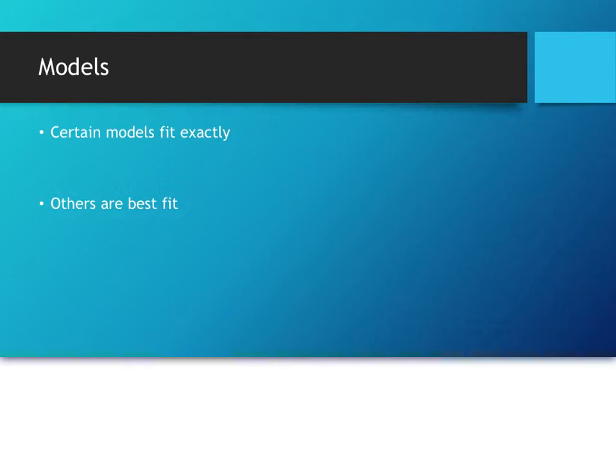And so for every piece of data, we know exactly how the outcome is going to be. So in other words, for every single input, my output is going to be perfect. Others, there's going to be some play. So we have inputs and outputs, but the output that the model gives may just be close to the output you get in real life.